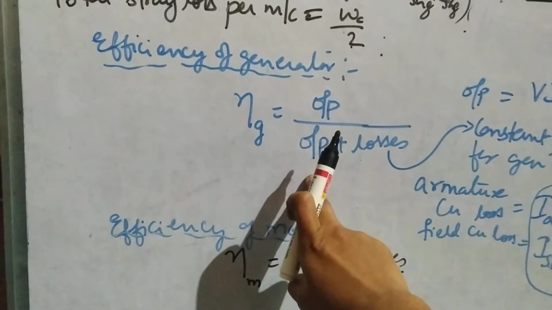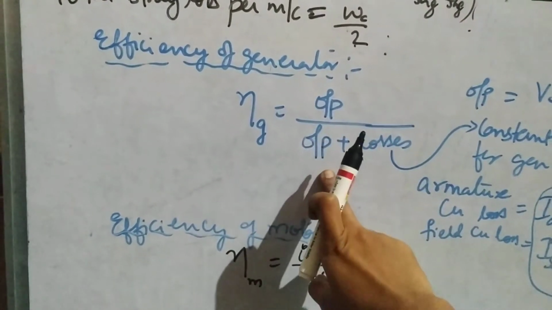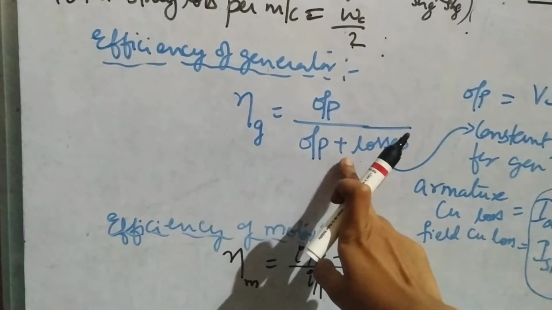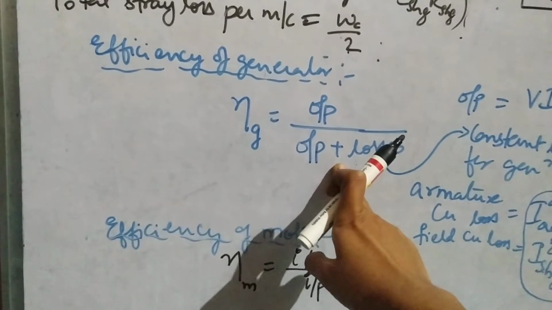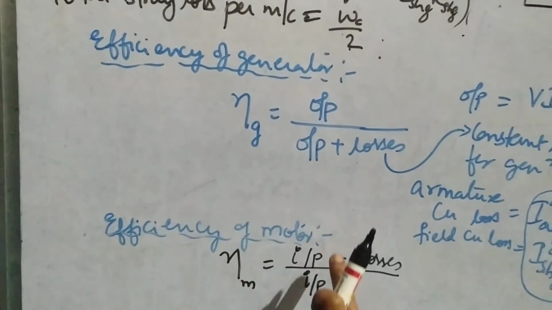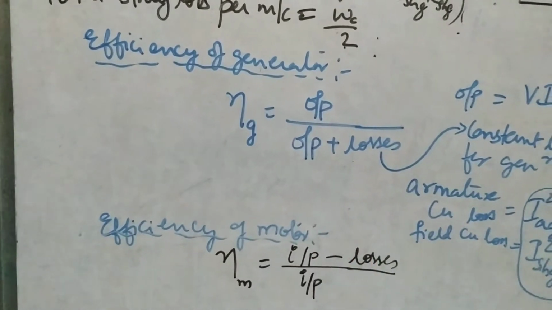In the case of the generator, the denominator you have to manipulate. We are expressing with respect to output, so it will be output plus losses in the generator. In the motor, the numerator will be input minus losses.